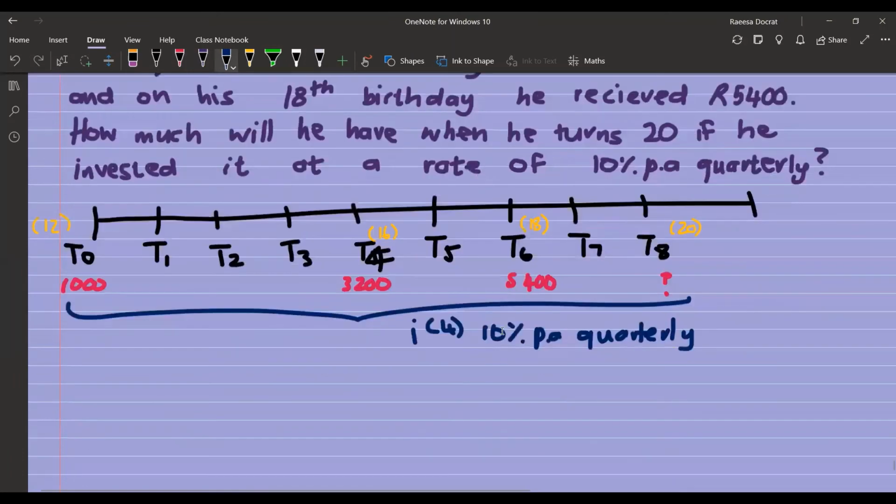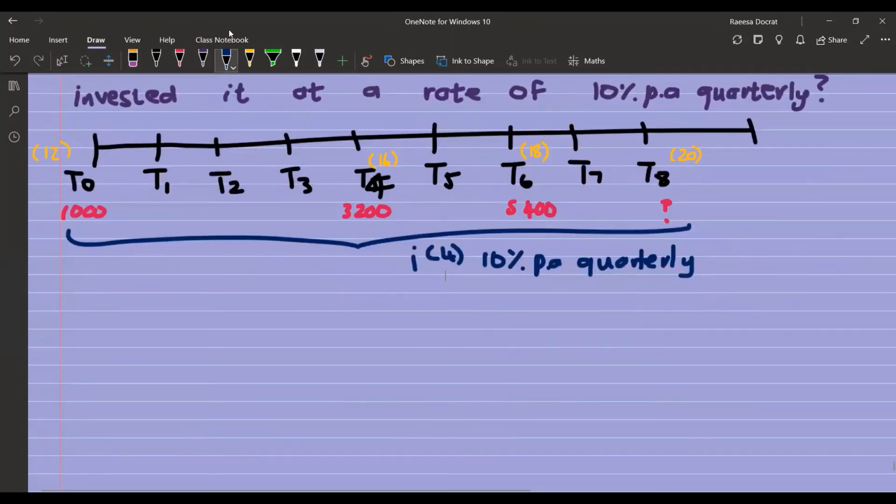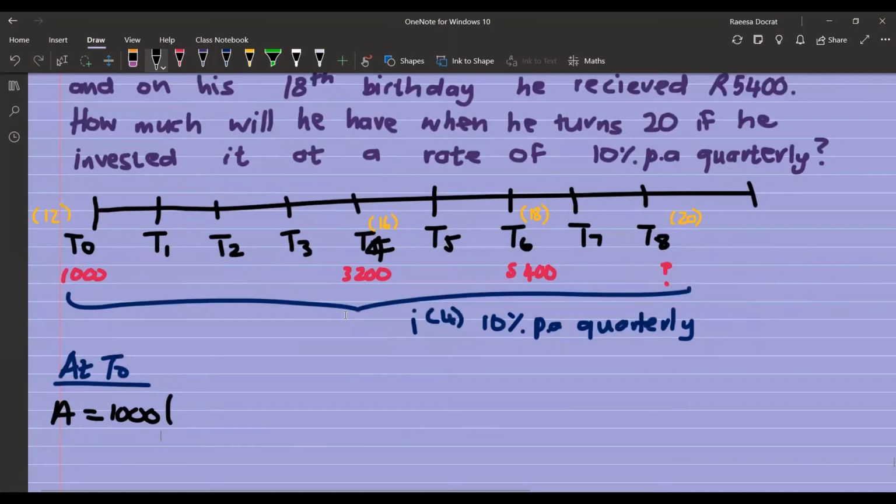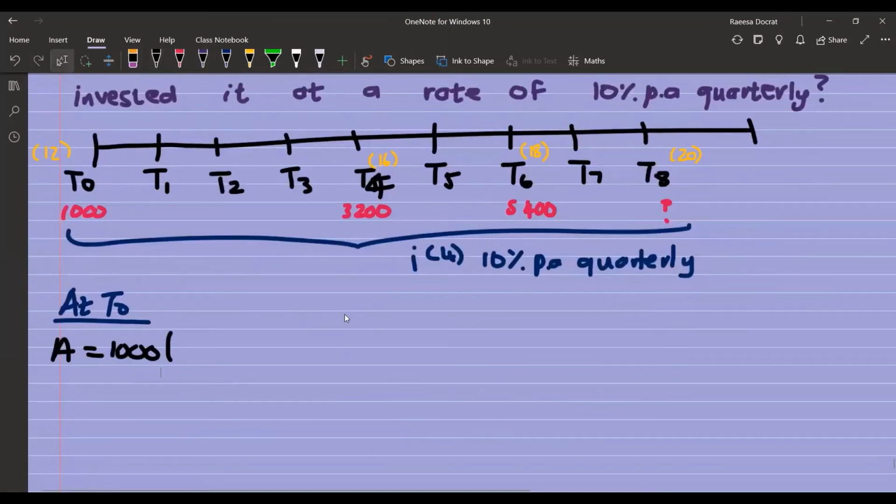So then let us put in our calculation. So at time 0, we have that his accumulated amount will be 1,000 Rand. The 1,000 Rand has been in for 8 years. So it will be 1 plus 0.1 over 4 to the power of 4 times 8, plus the 3,200 Rand.